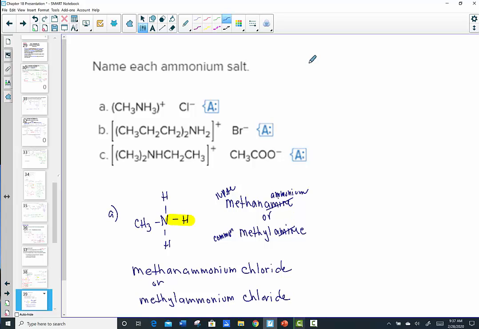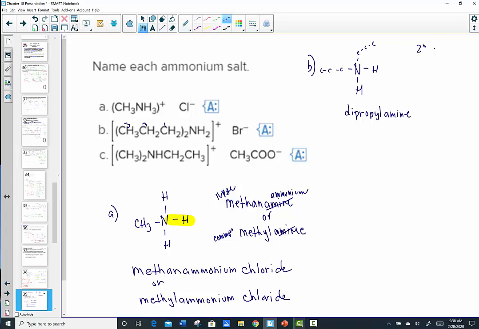Let's try B. In letter B, I have a nitrogen attached to 2 hydrogens and a 1, 2, 3 carbon chain in both directions. So 1, 2, 3, 1, 2, 3. Ignore one of the hydrogens and name the parent amine. Since I have a parent amine that is a secondary amine and both of the groups are exactly the same, we would name that dipropylamine.